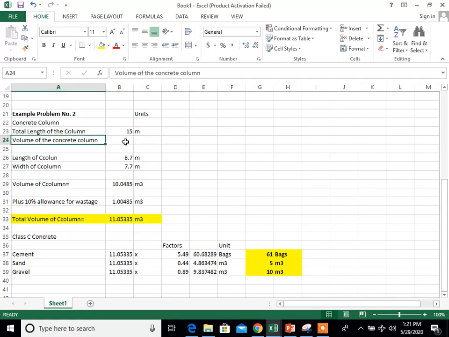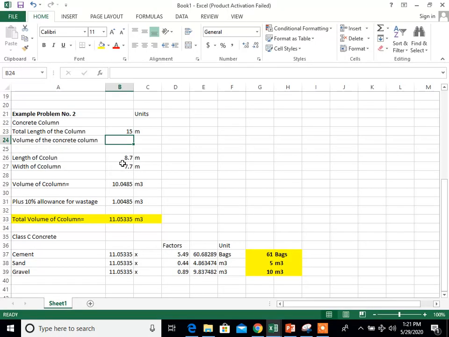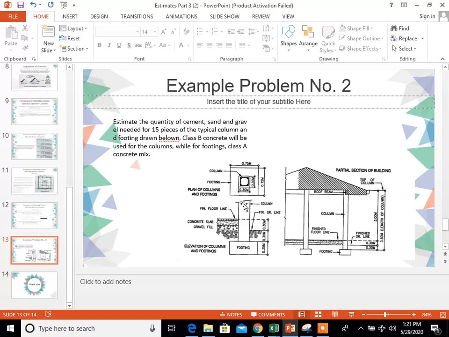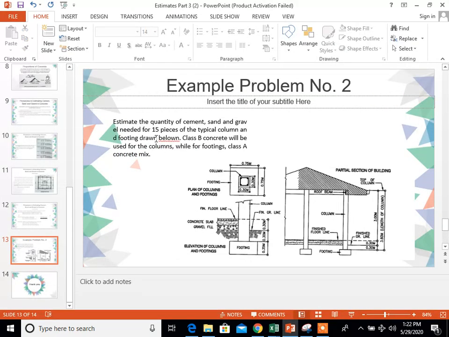Then next, the area of the column is equivalent to 0.3 times 0.3 meters. So the volume would be 0.3 times 0.3 times the total length. The total number of columns is 15 pieces.